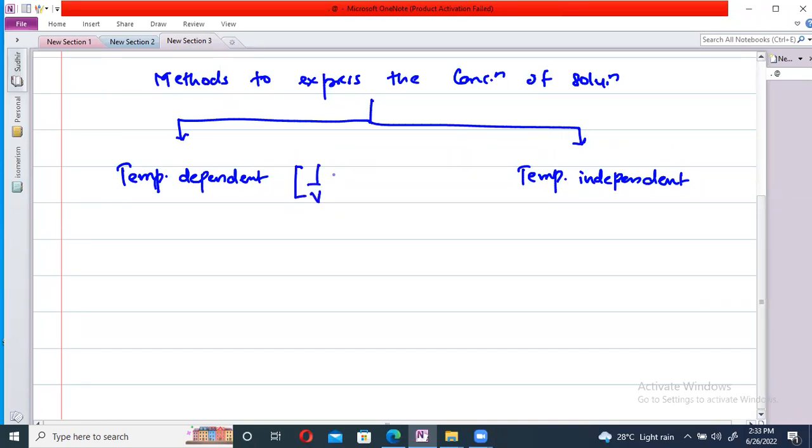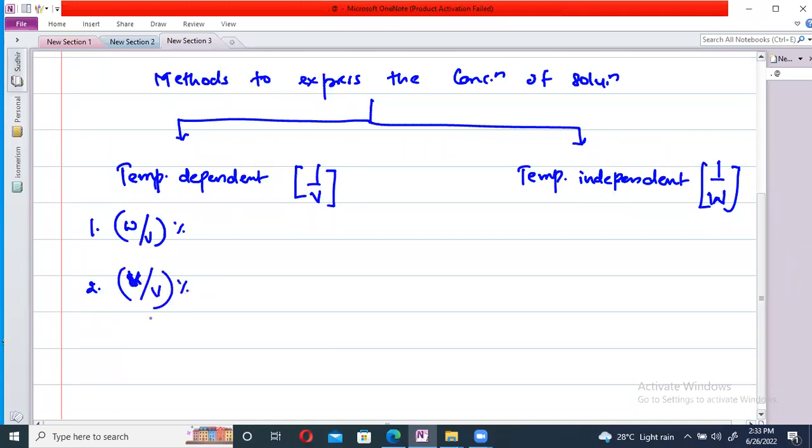Wherever volume comes in the denominator, it is temperature dependent, and wherever weight W comes in the denominator, it is temperature independent. So temperature dependent is weight by volume percent. See, volume is in the denominator. Second, we can say V by V, volume by volume percent. Still, volume is in the denominator.